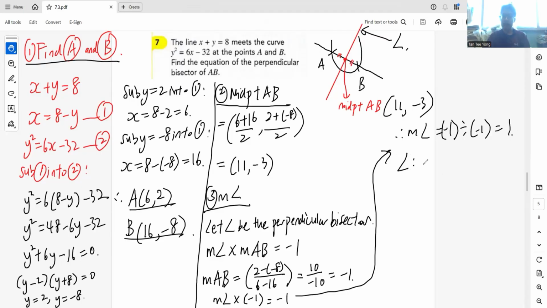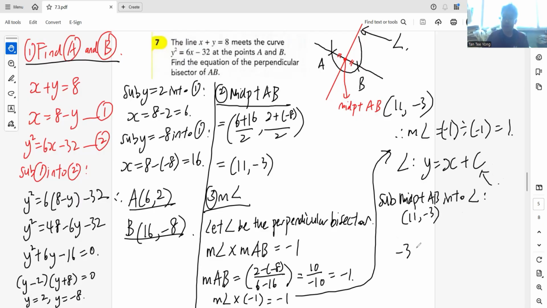So my L is y equals 1x plus c, so I'm just going to write x plus c. Now I need to find my y-intercept. Previously, we found the midpoint of AB, and L passes through the midpoint. So I'm going to sub the midpoint of AB into my line L. My midpoint is (11, negative 3).